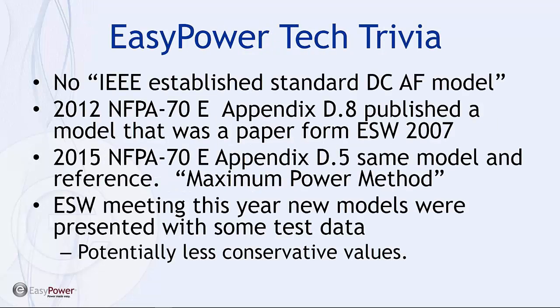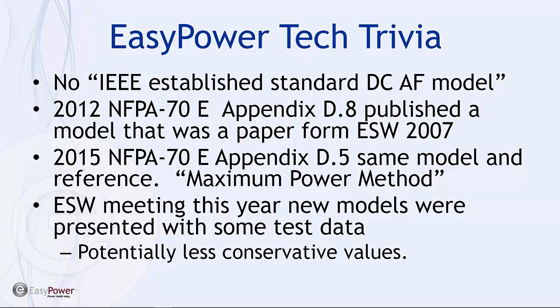Just a side note, IEEE really does not have an established standard for DC arc flash. And what I referred to as the maximum power method was first published in 2012 in the NFPA 70E, Appendix D8, and it referred to a paper that was published in an IEEE electrical safety workshop in 2007.